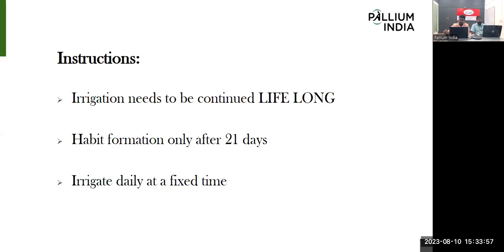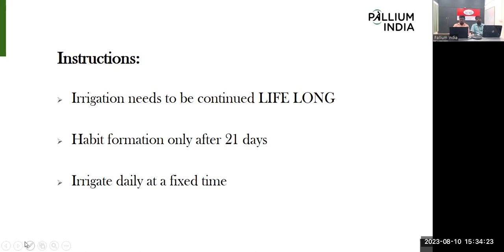First, we need to give some instructions to the patient and the family. If they start the irrigation, they need to continue it for life, as part of their daily routine. Habit formation will happen only after 21 days.